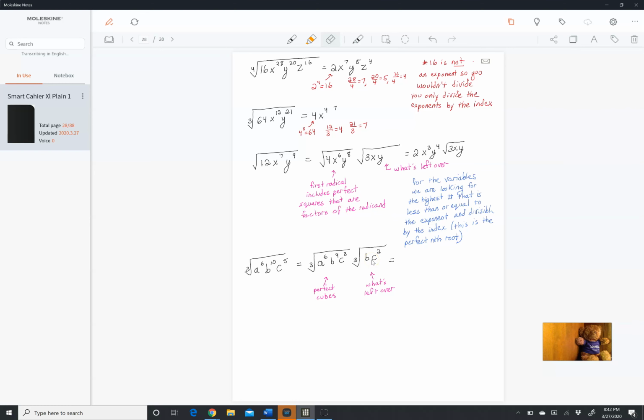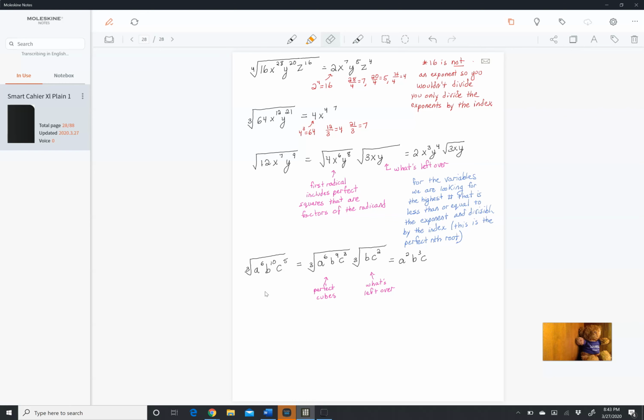I'm going to move this down here because I don't want it to interfere with what we wrote up here. So now we're just simplifying the first one, and these are all perfect cubes. So just like up here, we divide our exponents by our index. So 6 divided by 3 is 2. 9 divided by 3 is 3. 3 divided by 3 is 1.